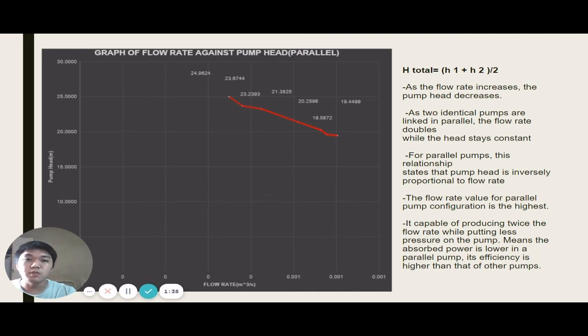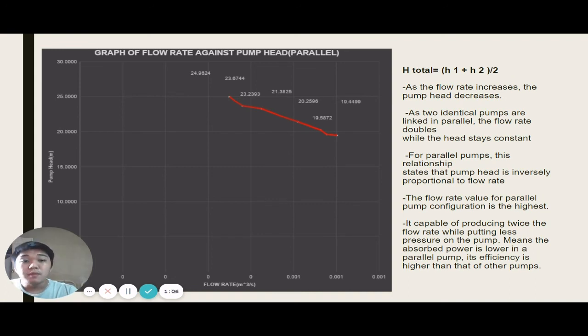As the flow rate increases, the pump head will decrease. When two identical pumps are connected in parallel, the flow rate will double while the head stays constant. So for the parallel pump, the pump head is inversely proportional to the flow rate.